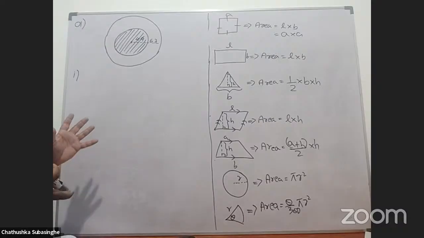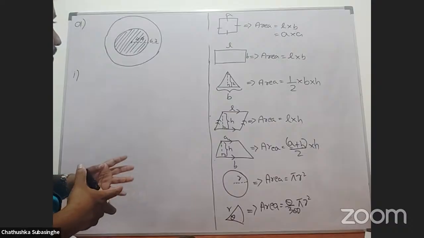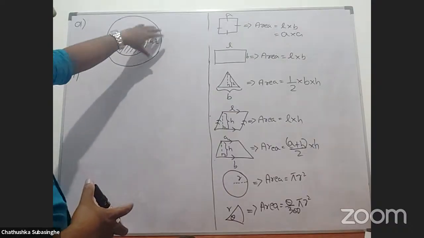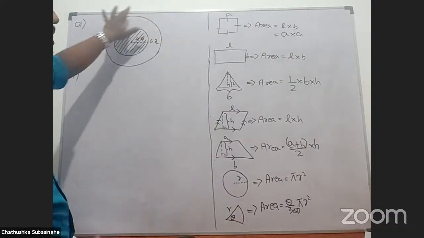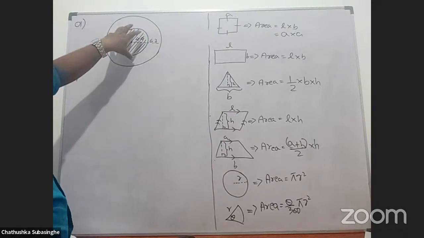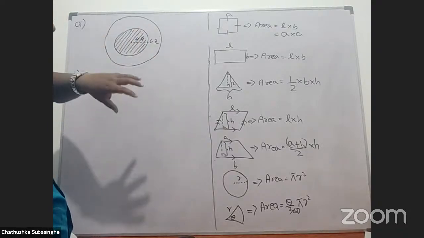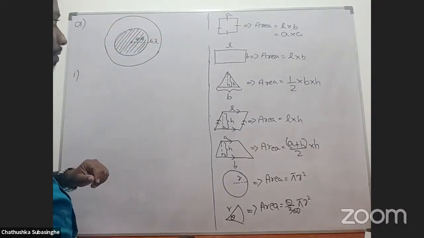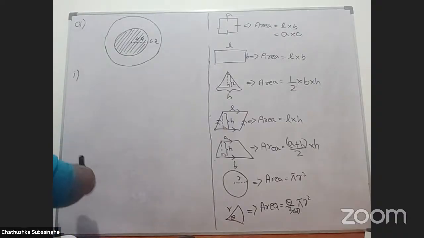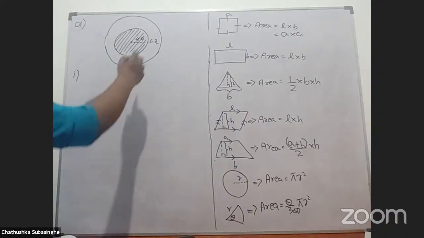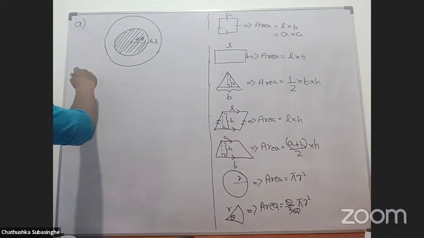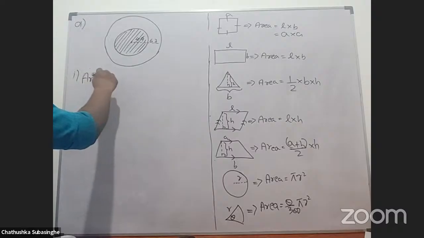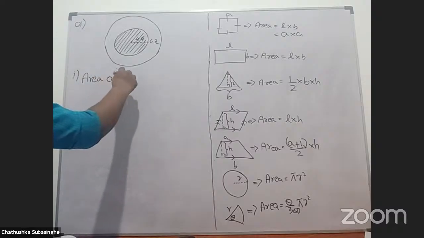One method is using the lighter area and the dark area. First I can find the area of this whole big circle. Then I can find the area of this small one. Then I can subtract the small one from the bigger. That's something I can do. So first I'm going to find the area of the light circle.